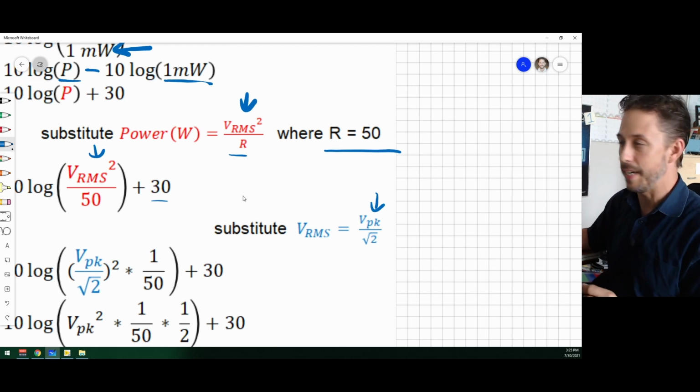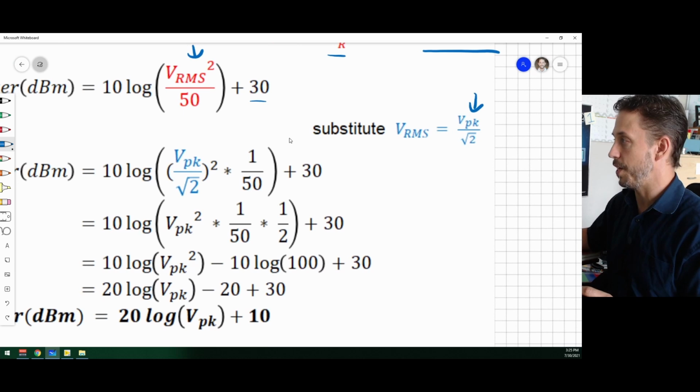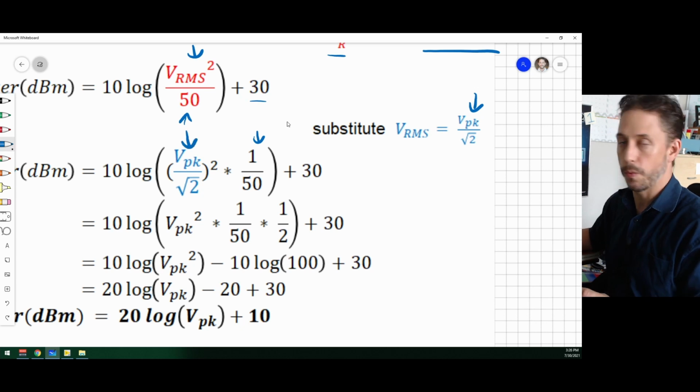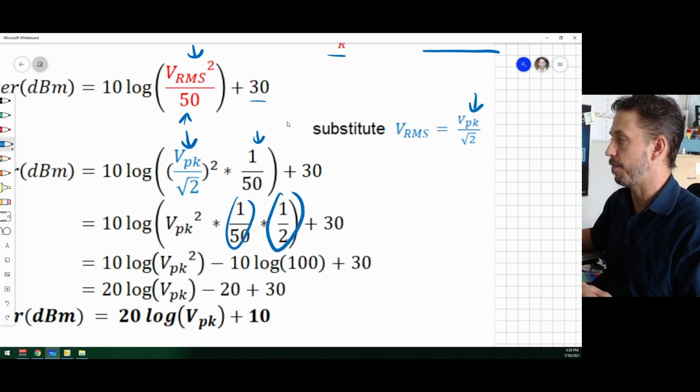But this is a pretty important distinction. Because now we start breaking this equation down. We have our 1/50th. We've transformed this equation into this equation, and now we start pulling out more things. This square root of 2 squared gets pulled out to be 1/2. We've got our 1/50th. Of course, you multiply those two things together, and it's 1/100th. And of course, that reciprocal turns into the negative 100.